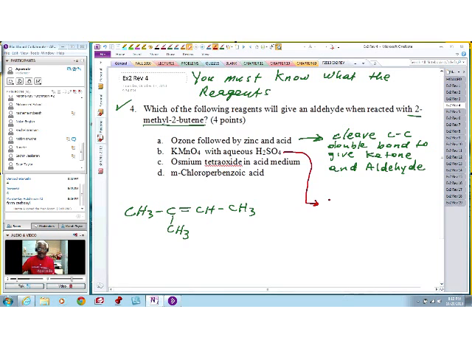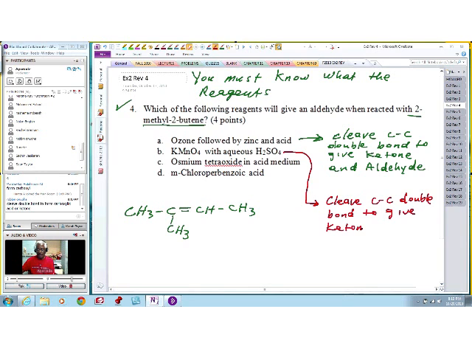What that would do is to cleave a carbon-carbon double bond to give ketone or carboxylic acid.